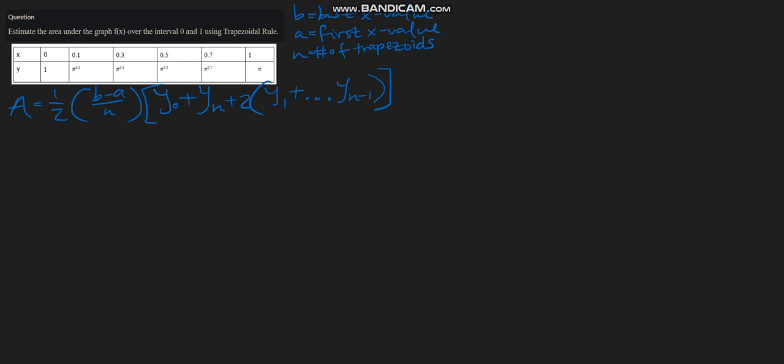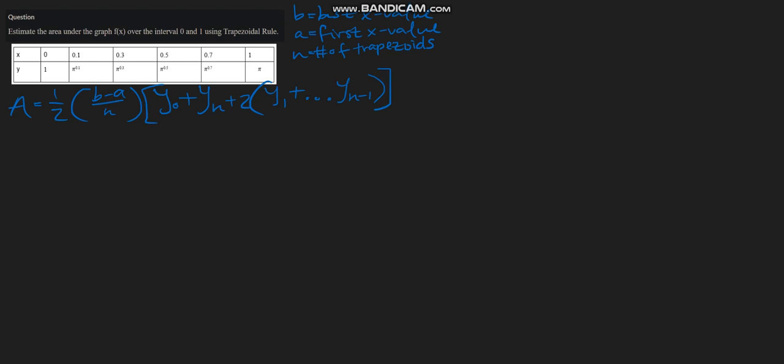The general rule of thumb is that the number of trapezoids is 1 less than the number of ordered pairs. So over here there's 6 ordered pairs, which means we have 5 trapezoids. So n equals 5, right?